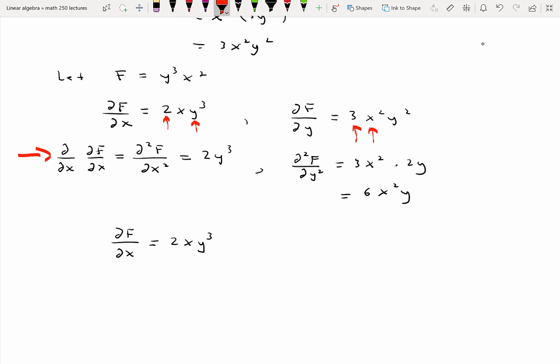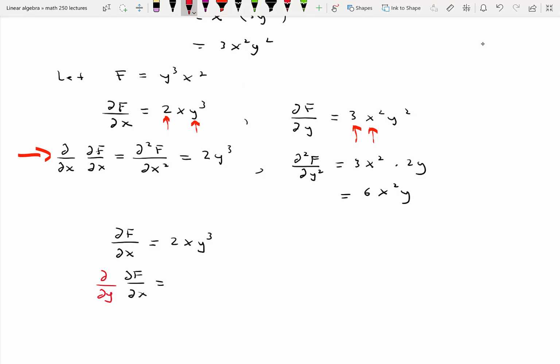But I could take another derivative not with respect to x, but with respect to y. I'm going to do that in red here. I can take the partial derivative with respect to y of the partial derivative of f with respect to x.